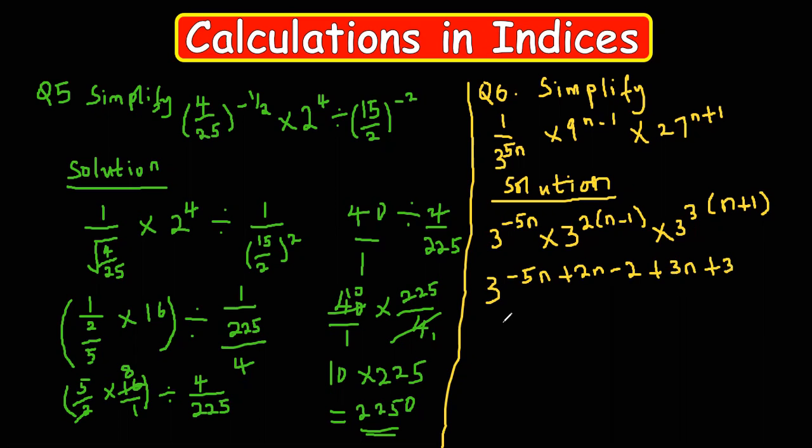And then we can add now. So minus 5n plus 2n, or we should rearrange. Okay, let me rearrange to make it easier.